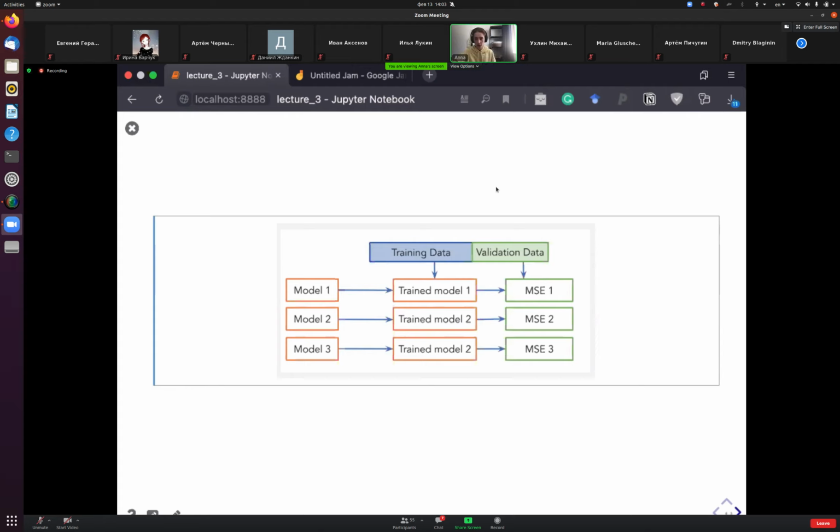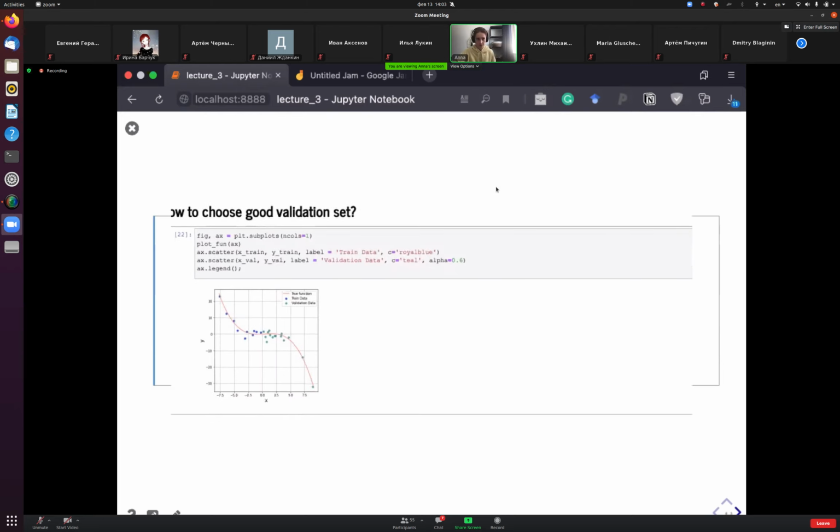But then the question would be, how to choose a good validation data set? Let's consider the 2 examples from the very beginning of the lecture, where we had a 2-dimensional problem. Assume that you've split your data into train and validation in the following way: all values on the left of x equal to 0 go to the training data, and all values on the right of x equal to 0 go to validation.